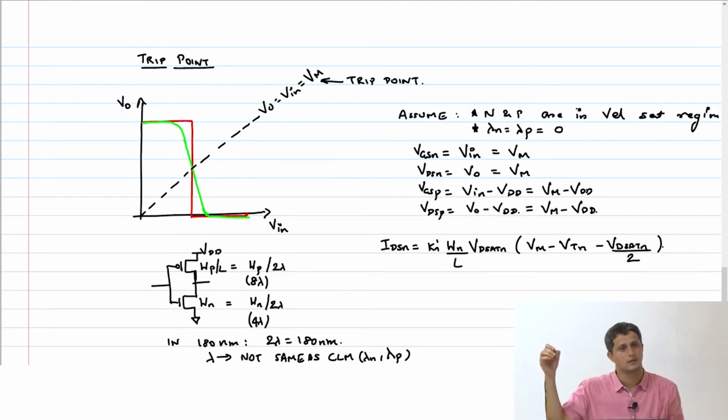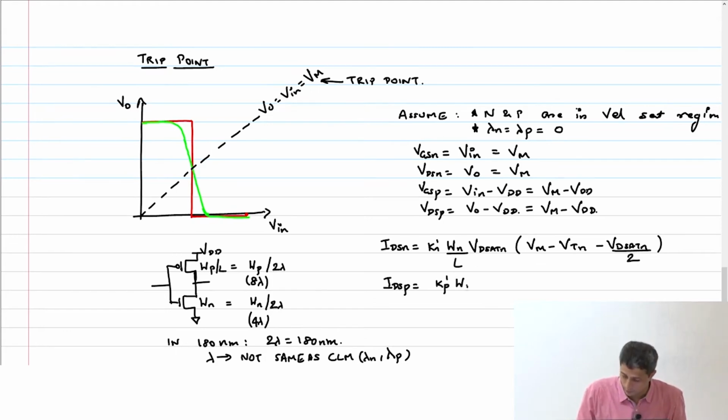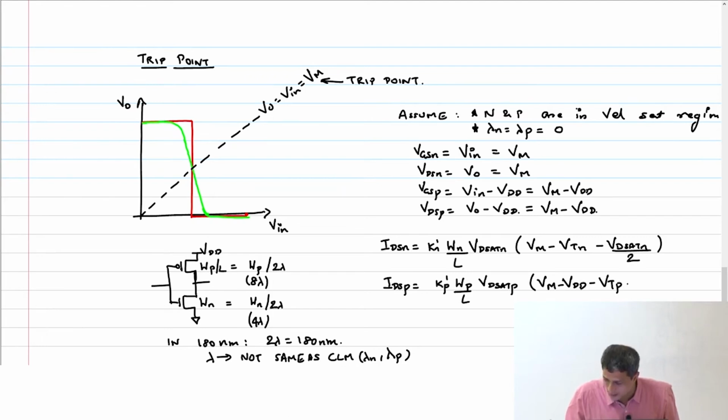That 1 plus lambda V out I am leaving out because lambda n equal to lambda p equal to 0. IDSP is Kp prime, what? Wp by L Vd sat p into, sorry, Vm minus Vdd minus Vtp minus Vd sat p by 2.